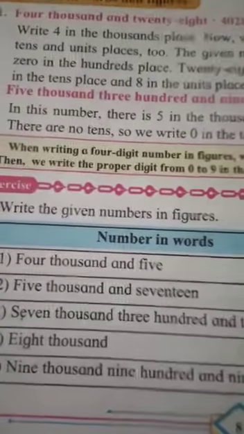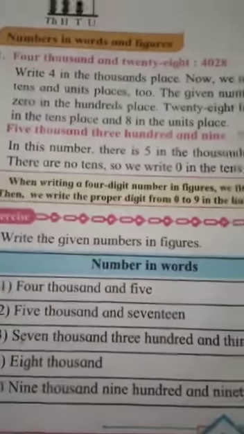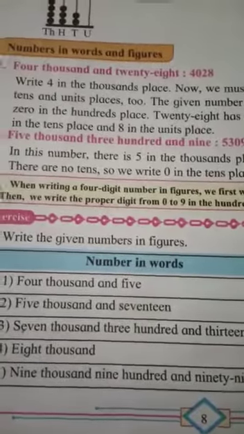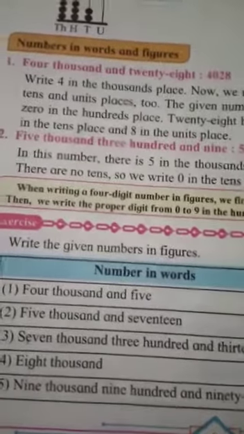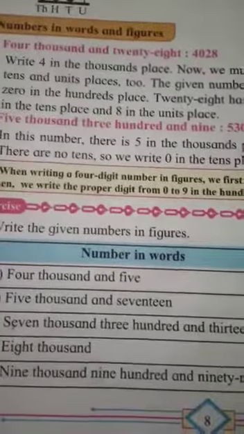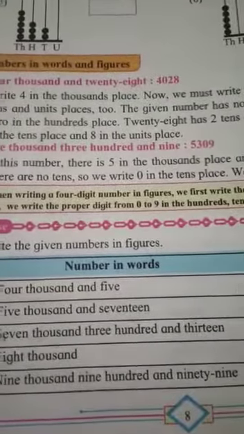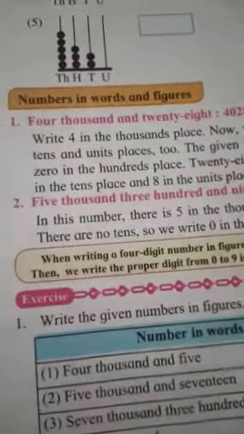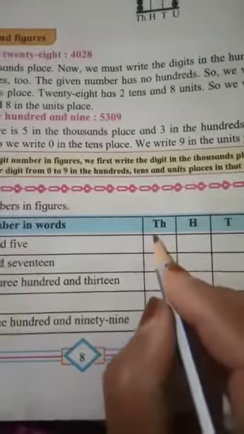See here, exercise. Write the given numbers in figures. See the first one, 4005. In this number we write 4 in the thousand place.